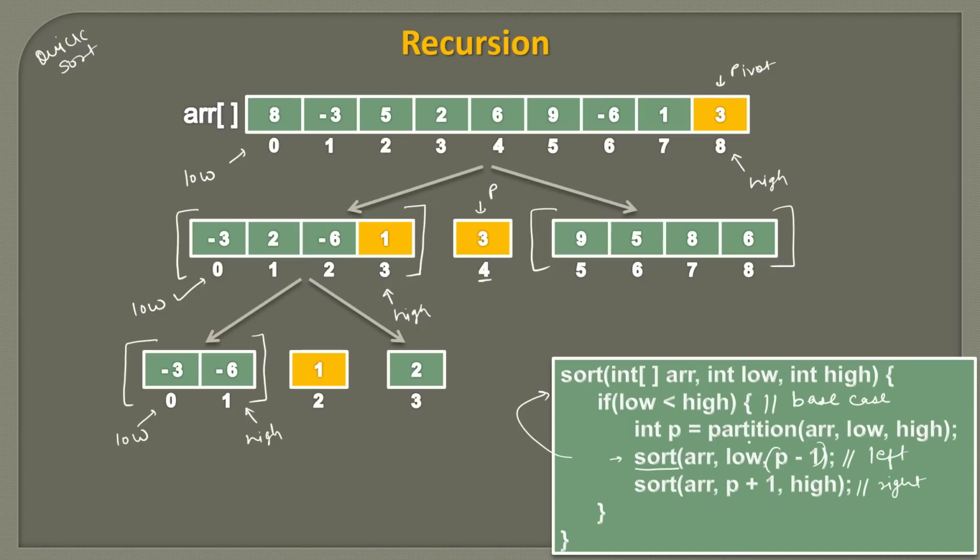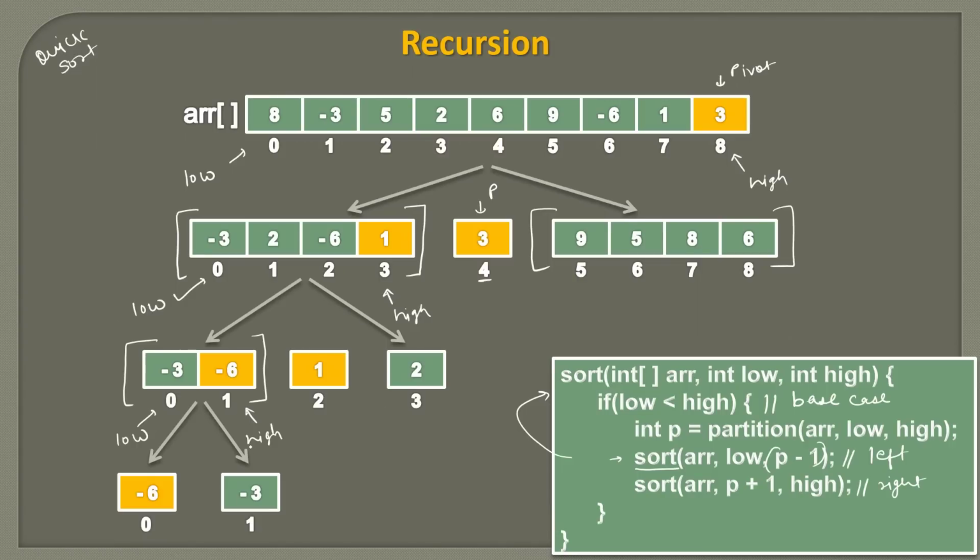So in the partition method, we will take the last element as our pivot. And now we will partition the array in such a way that all the elements lesser than -6 will go on the left side and all the elements greater than -6 will go on the right side. So this partition method will reorder only these two elements now, because we are providing the ranges, and it will touch the array in these ranges only.